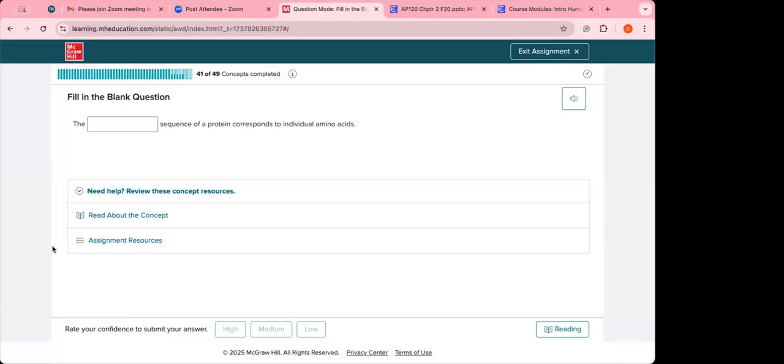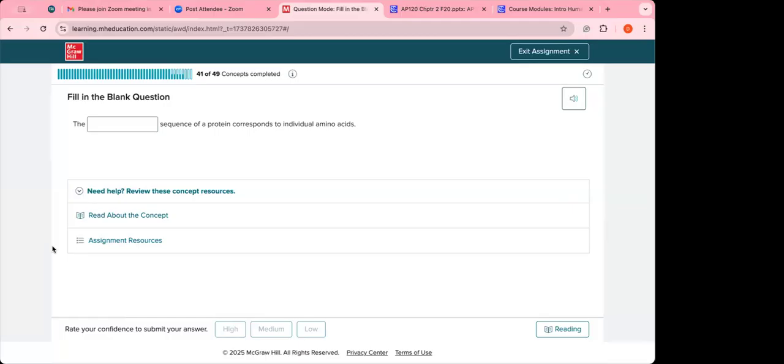I don't know if it's looking for a peptide or conformation here, because I didn't see anything in particular in the reading.